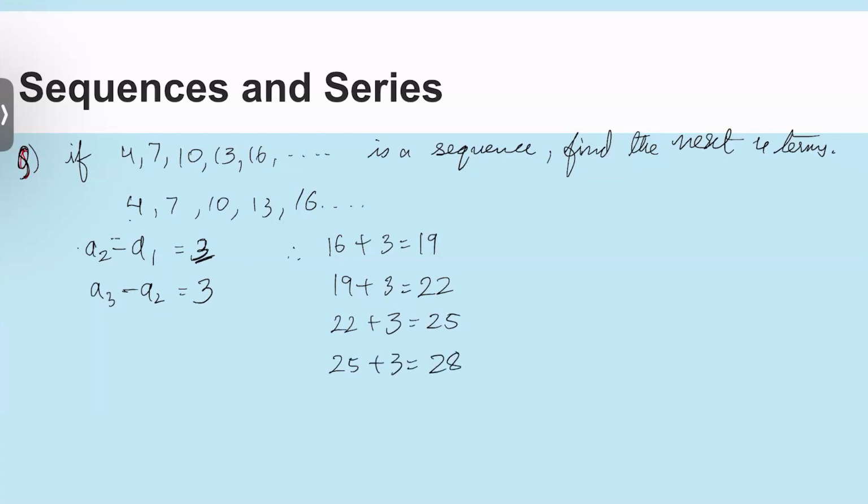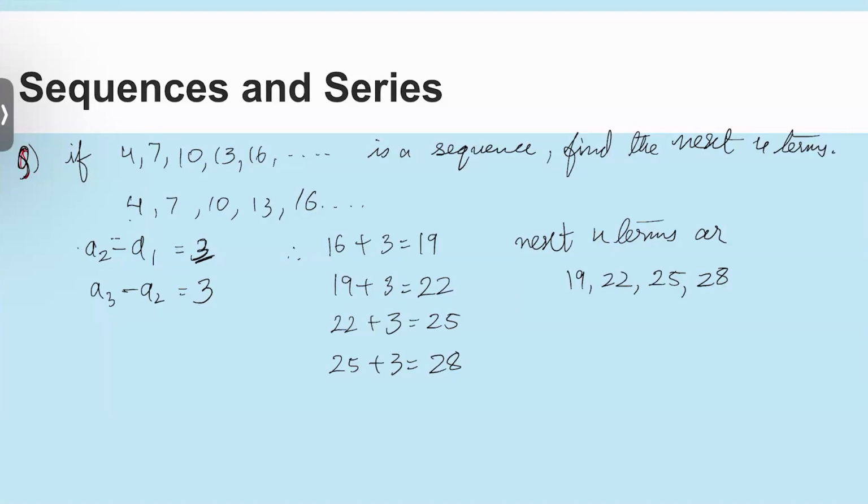So the next 4 terms are 19, 22, 25, and 28. This is how we can find the next term.